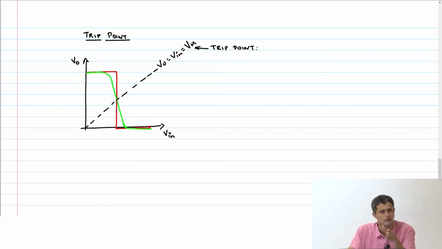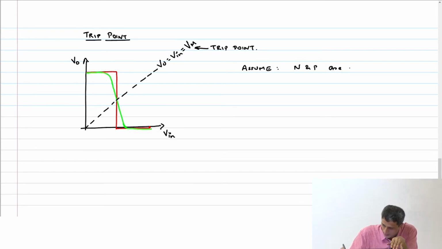You can also do a derivation for the saturation region, right? So assume N and P are in velocity saturation region. Okay.